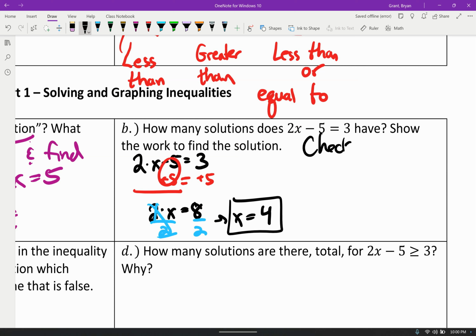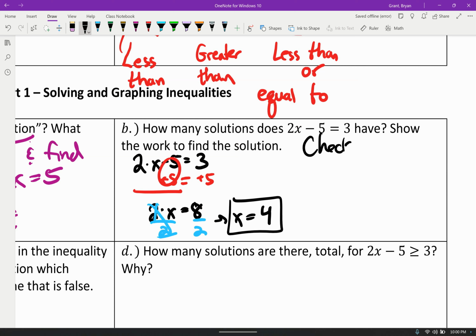So an example might be you find something like x equals 5. Now, what does x equals 5 actually do? Well, when you substitute it back into the original equation, it causes the left side of the equal sign to equal the right. So the whole point of a solution is that when you substitute it in, it makes the left equal the right.